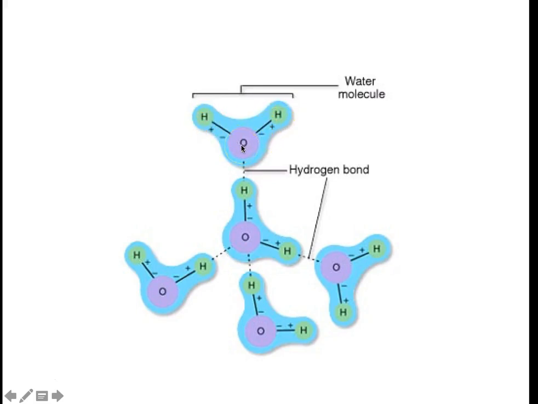Now, because opposites attract, water molecules can bind to each other, but we call the interaction of H2O molecules hydrogen bonds. And so you have a hydrogen, the positive, and the negative of the oxygen.